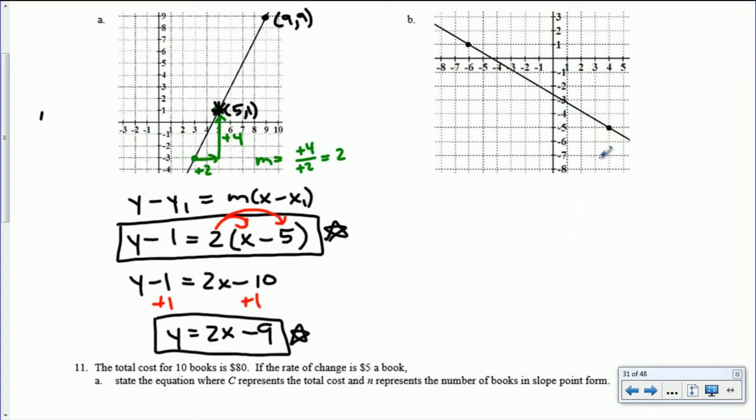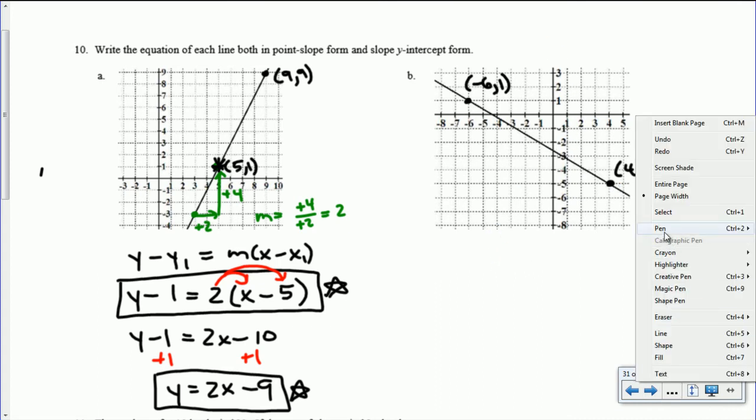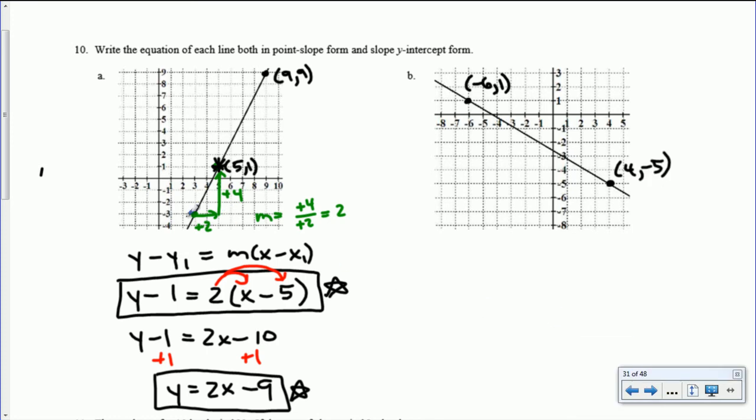Okay, next. I've got this point here, -6, 1, and this point here, 4, -5. So let's start by figuring out what the slope is. You can do that like I did here, or we could also use the equation y2 minus y1 over x2 minus x1.